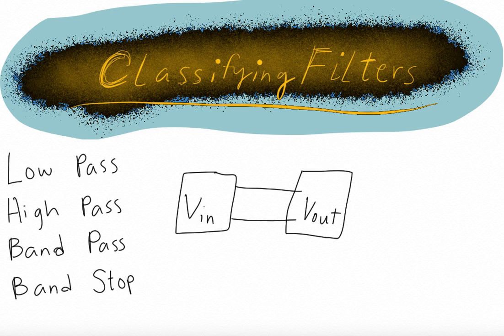Through the input voltage, we're shooting in different ranges of frequencies, omega. We're going to be shooting the frequencies to their extremes, like all the way to 0 or all the way to infinity, and then you examine whether they pass or not. Let me show you an example.